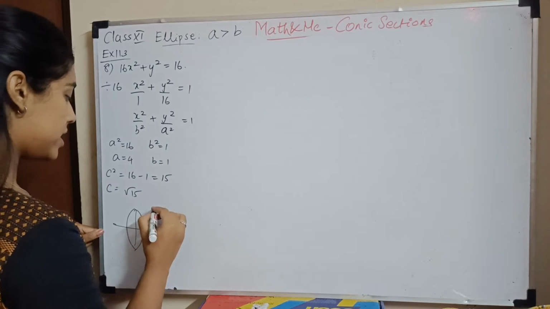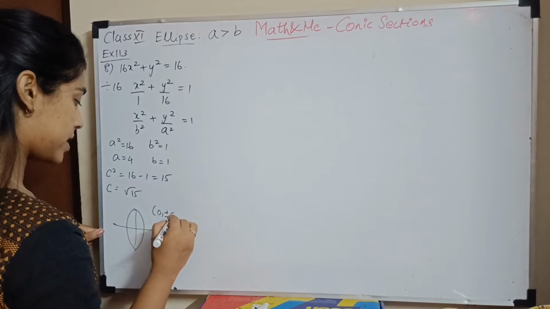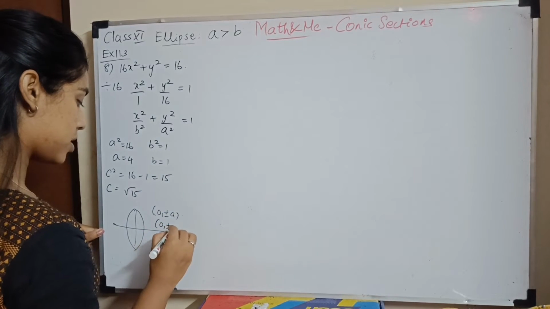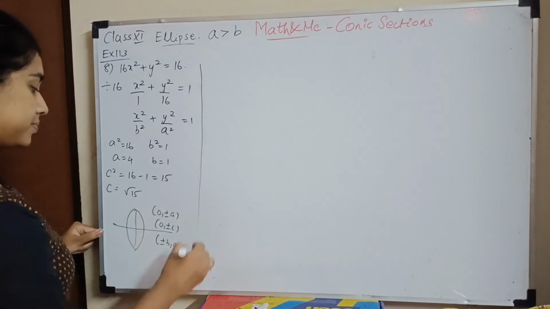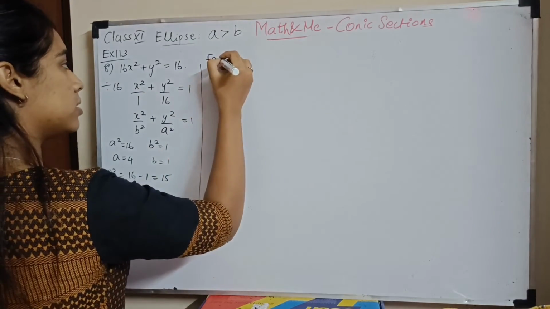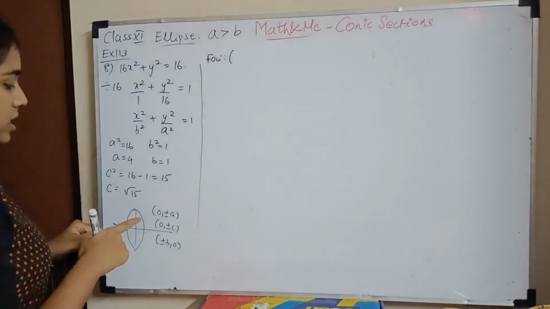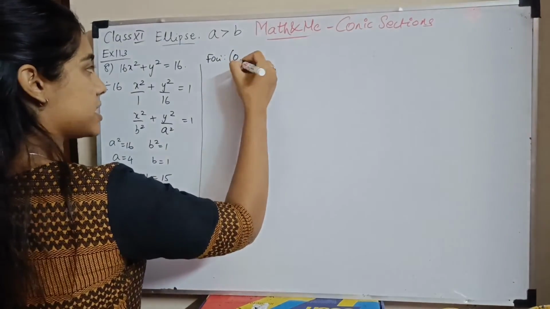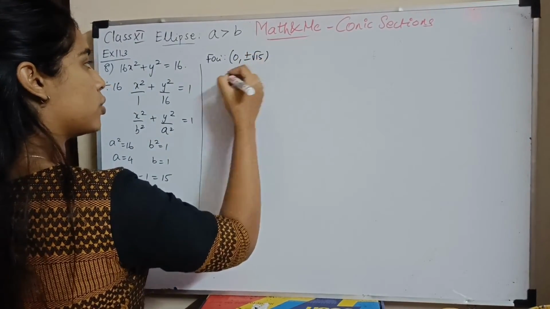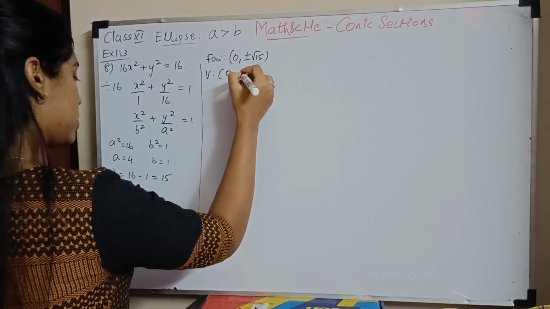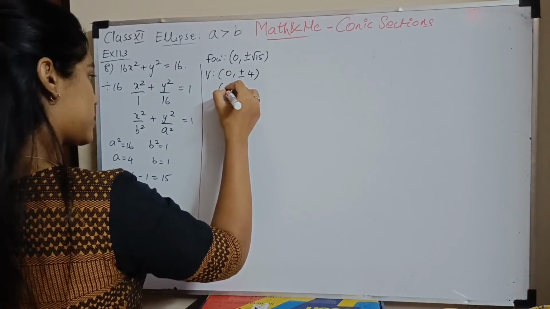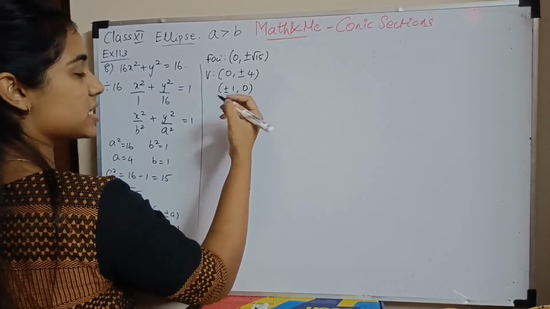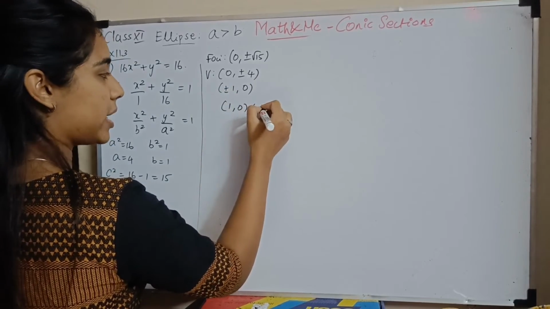So the coordinates will be 0, plus or minus a, 0, plus or minus c, plus or minus b, 0. So my foci would be 0, plus or minus c. So it's 0, plus or minus root 15. What is this? 0, plus or minus 4 and plus or minus 1, 0. This is nothing but 1, 0 and minus 1, 0.